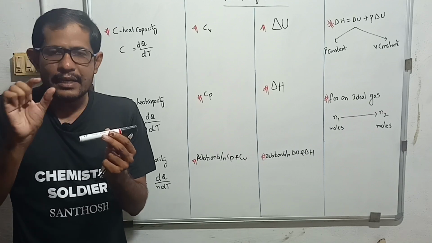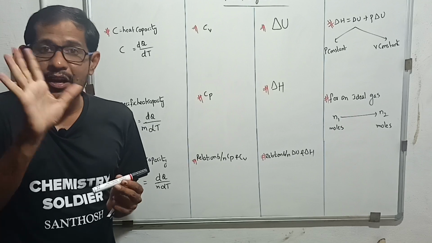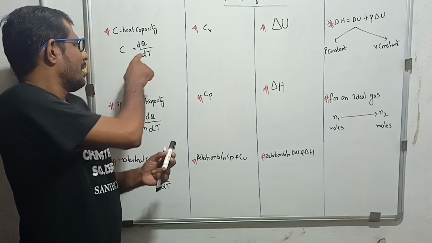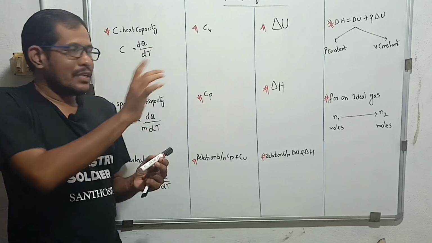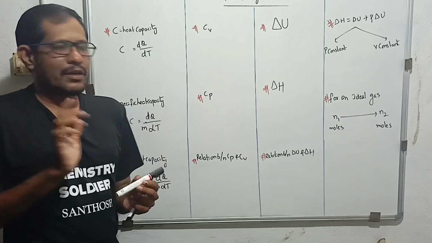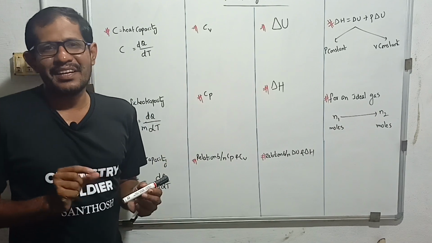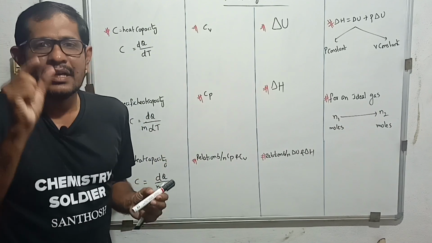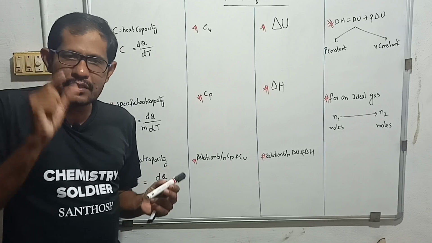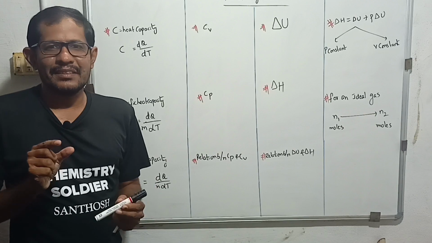The heat required to raise the temperature of 1 gram of the substance by 1 degree centigrade or 1 Kelvin is called specific heat capacity.